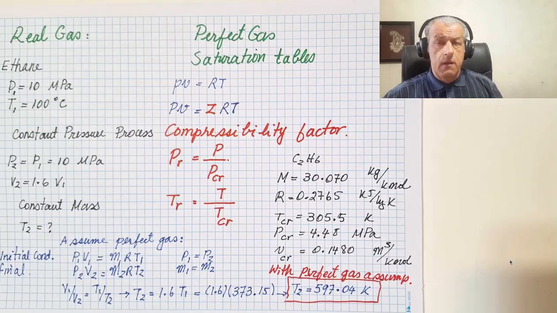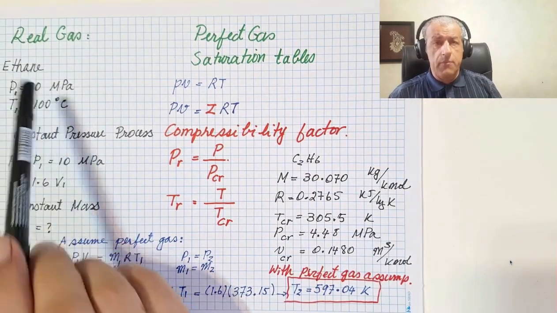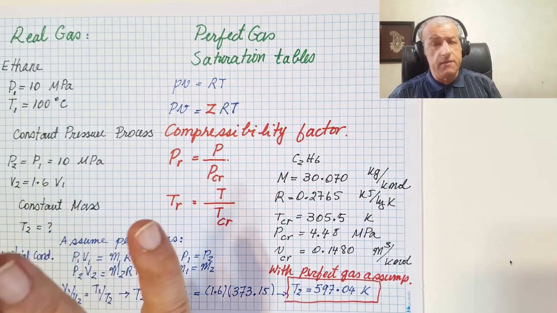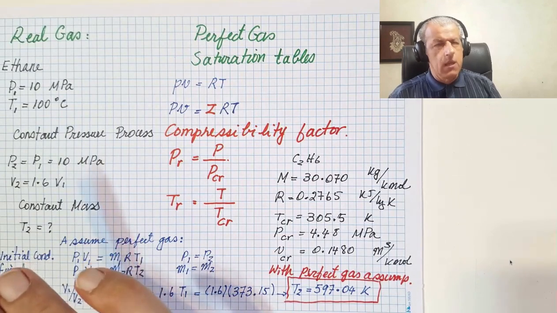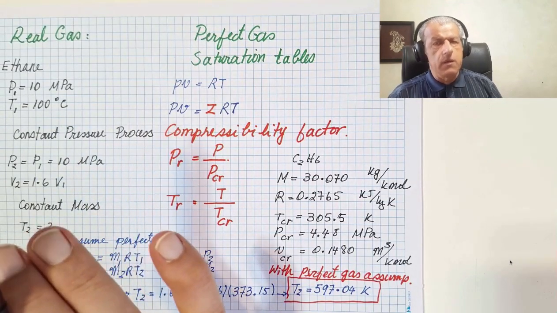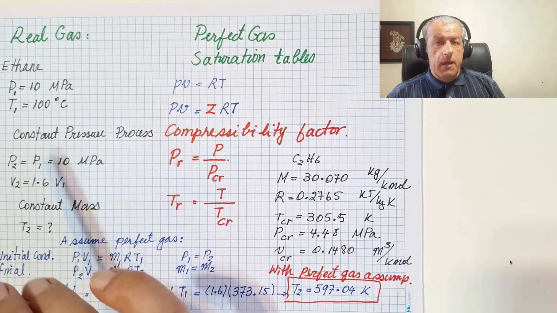Greetings. In our previous video, we had ethane, which initially was at 10 megapascal and 100 degrees C. Of course, it was a certain mass of ethane. The problems don't usually tell us that straightforwardly, but we have to assume it for the problem. There's no other way.